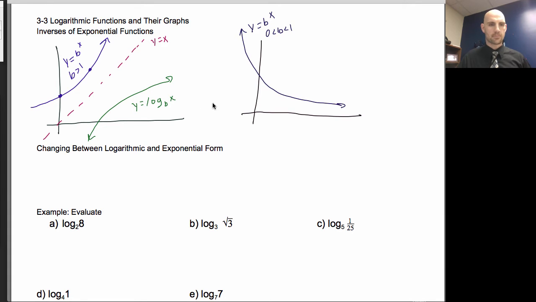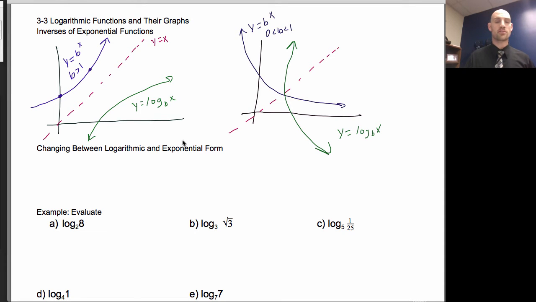Well, again, our line y equals x goes this way, and our inverse function is going to go something like this. So y equals log base b of x, and again, that's the inverse of those, reflected across y equals x.